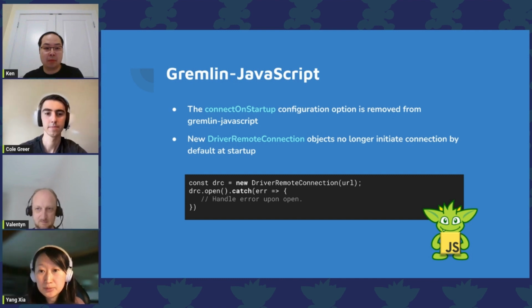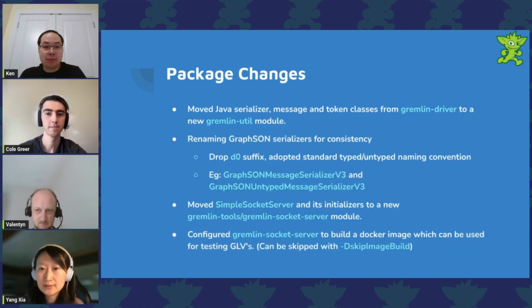So any new driver remote connection objects no longer initiate the connection by default at startup. So you have to call open explicitly if you wish to manually connect on startup. And that is the JavaScript update. And then I think we have Cole to run us through the package changes.